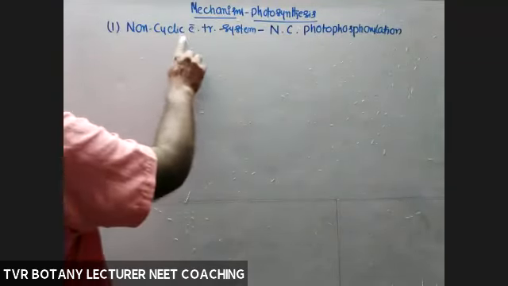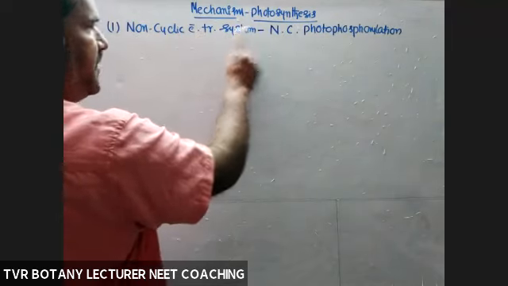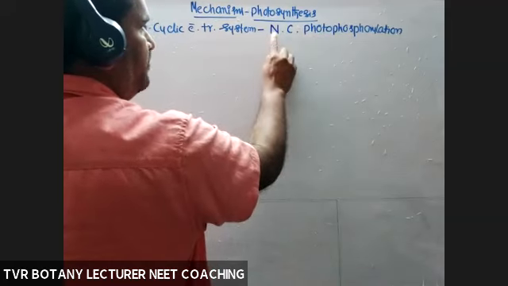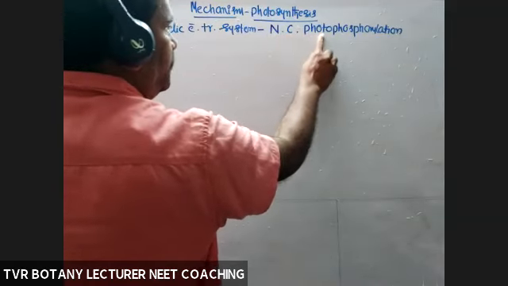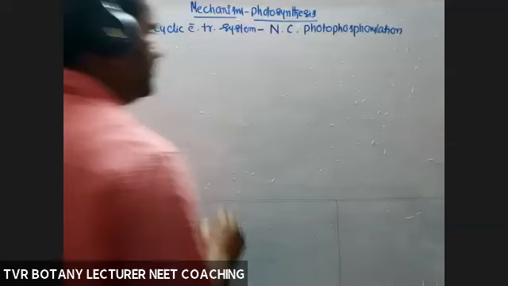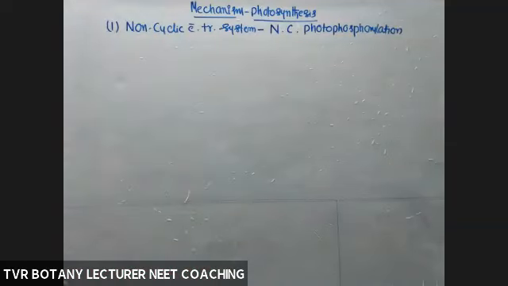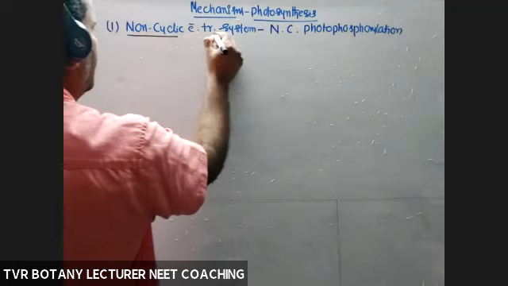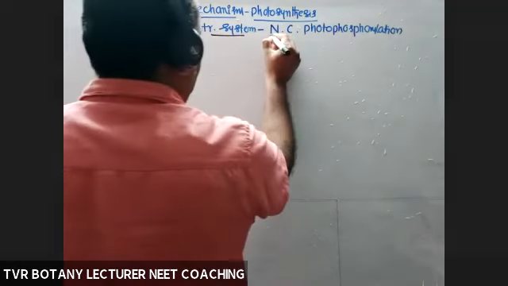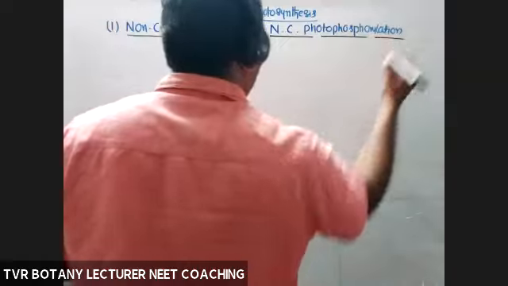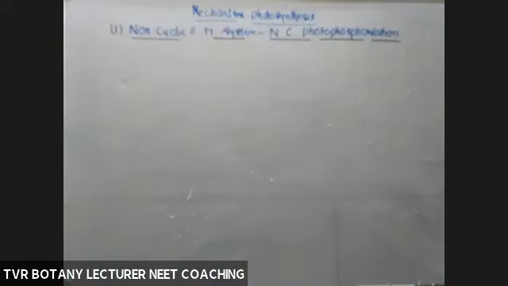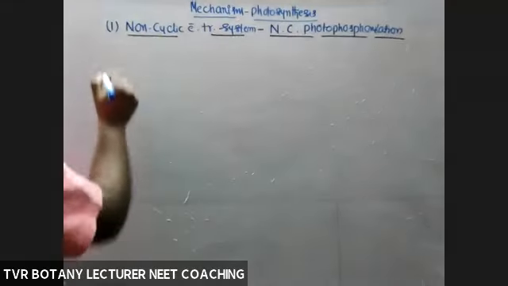So the non-cyclic electron transport system accounts for the synthesis of ATP by light, hence the name non-cyclic photophosphorylation. We'll see at the end, don't worry, during the course of completion of that mechanism. Okay, right? So here, what are the requirements?